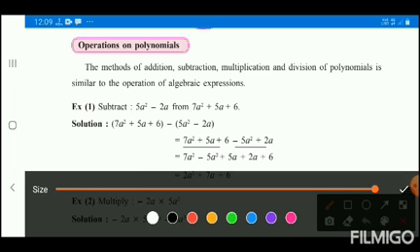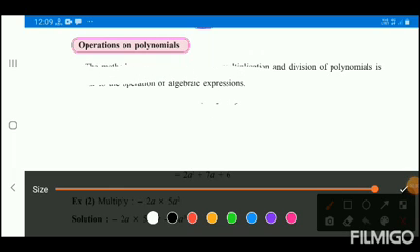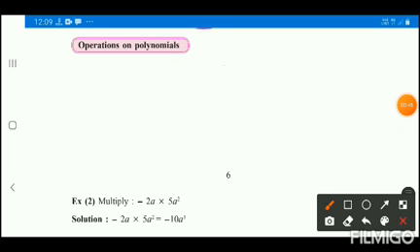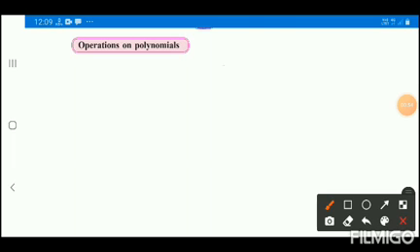Now first of all, I will make some place here to solve the examples of operations on polynomials. I will write here: Example. First, add the polynomials.